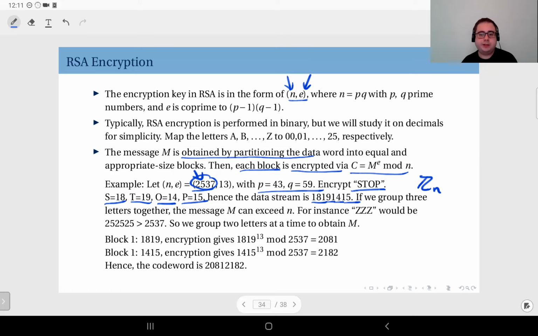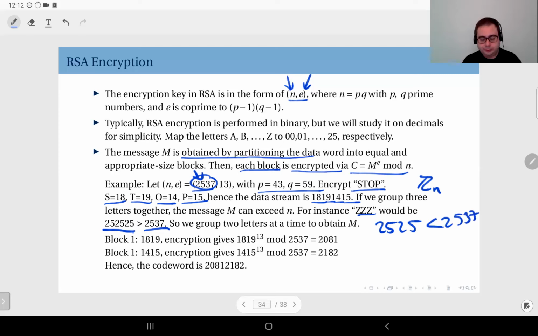If you select 3 letters at a time, for instance, the message ZZZ is going to be a number larger than n, and you are going to lose the distinction between certain code words, and you do not want that. Hence, you need to use at most 2 letters at a time. At most you will get is 2525, and that is less than 2537.